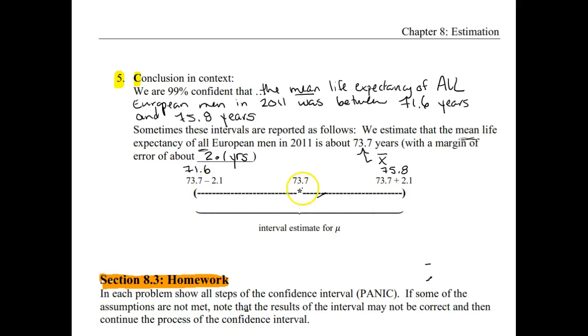And so again, if we take 73.7 minus 71.6, we also get 2.1. Okay, so in this case, the interval estimate, we're giving it in this form of x bar, give or take the margin of error. So in this case, that would be 73.7 years, give or take 2.1 years.